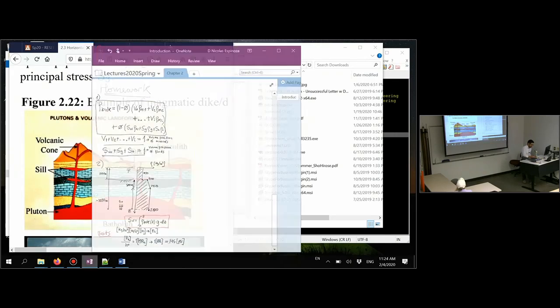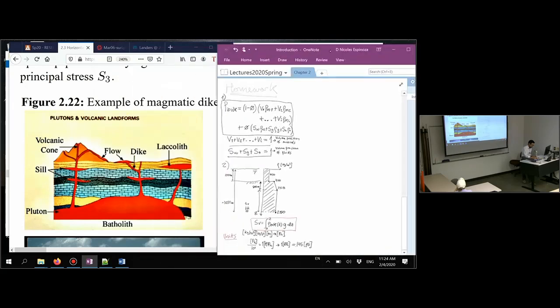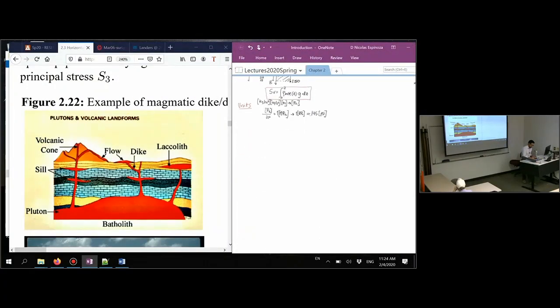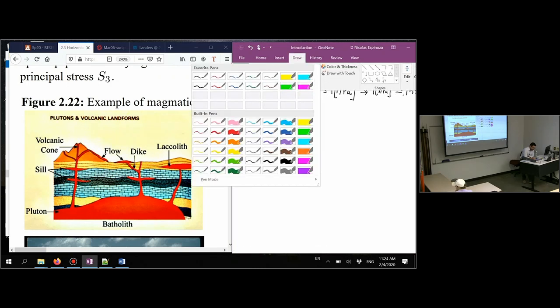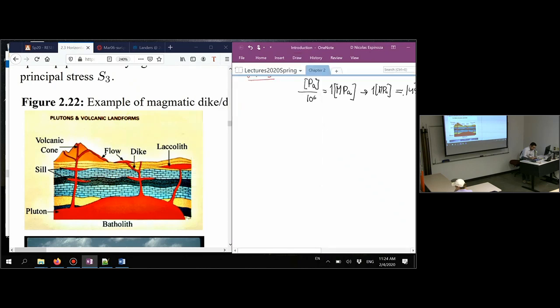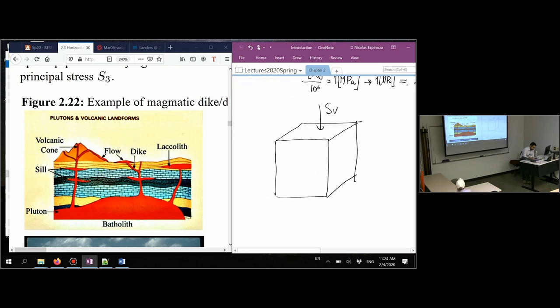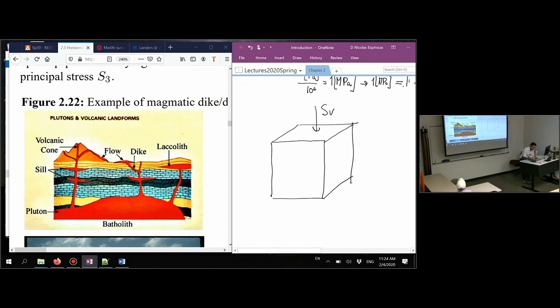But remember what we have learned so far, that now we know that at any point in the ground we're going to have three stresses and one pore pressure.